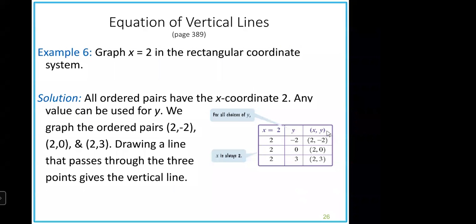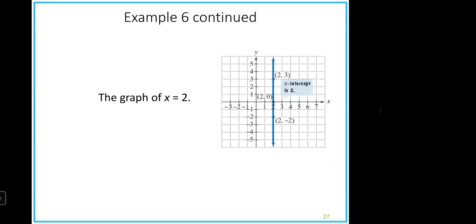And so with that being the case, the 3 points that they chose, you're going to get (2, -2), (2, 0), and (2, 3). So when you plot those 3, (2, 3), (2, 0), (2, -2), you get a vertical line that passes through 2 on the x-axis.